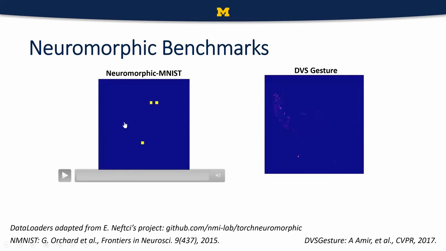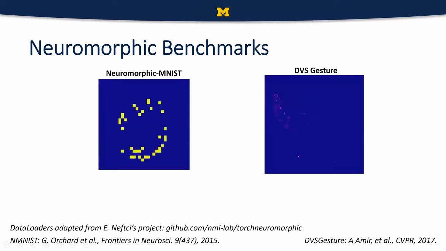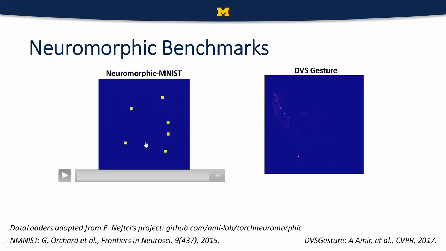They consist of neuromorphic MNIST, where Garrick took a dynamic vision sensor camera and filmed emulations of saccades of the entire MNIST data set. Got the DVS camera to make sudden erratic pan and tilt motions in order to get that motion of your MNIST data set. That's one example of a very common neuromorphic benchmark that's used.